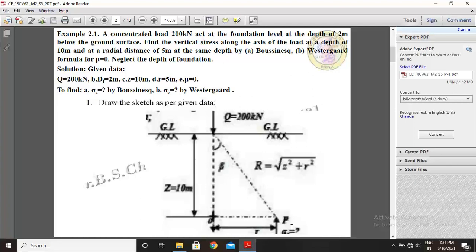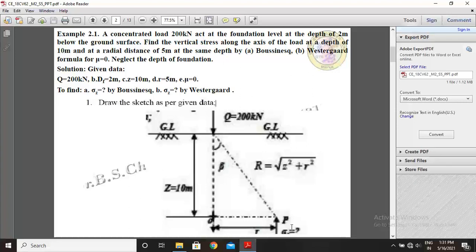Solution. Given data. Which data are given in this problem? Q is 200 kilonewton. Depth of footing Df is 2 meter. Depth Z equal to 10 meters. R, the radial distance, is 5 meter.